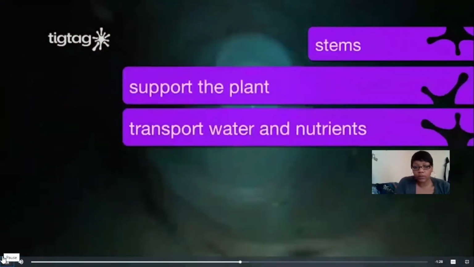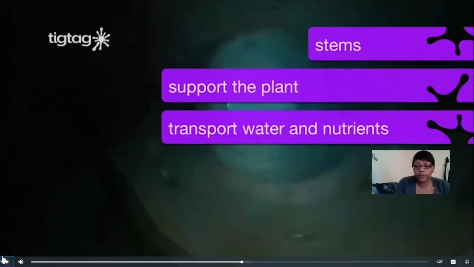So once again, we have a part with two jobs. It's supporting the plant by keeping it up so that it's holding those leaves and the fruit and the flowers upright. And it also is responsible for transporting that water that the roots soaked up.